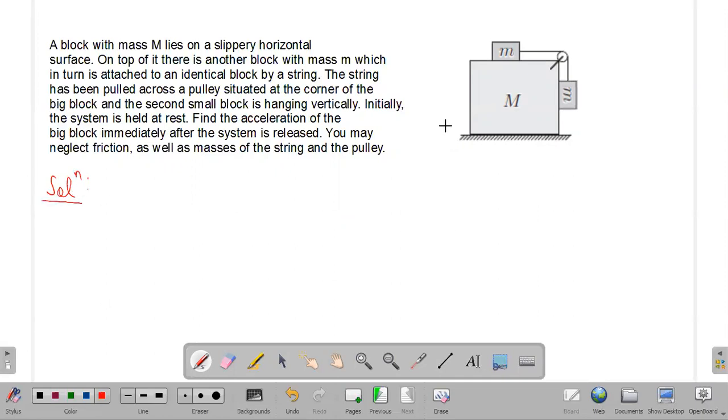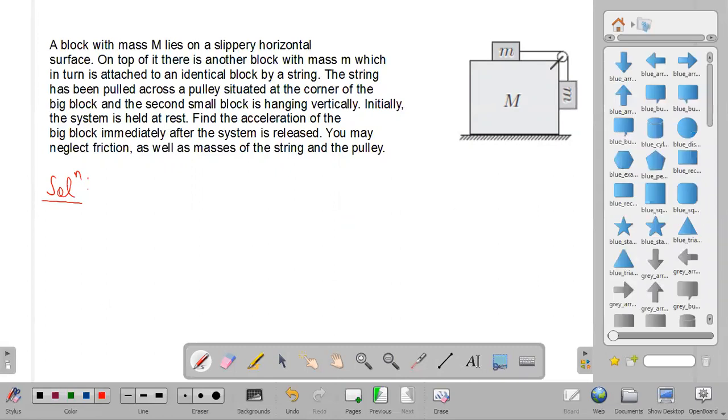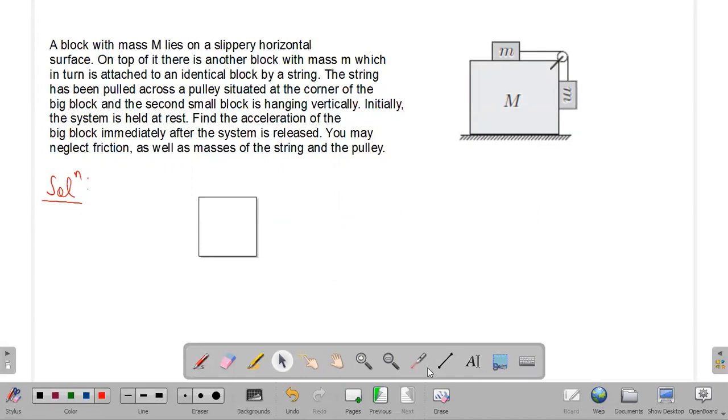If I select the frame of reference and look at the free body diagram of the bigger block, what are the forces on that bigger block? That will be shown here now. Notice that the bigger block is attached with the pulley also. There is a pulley attached to this bigger block at this point.